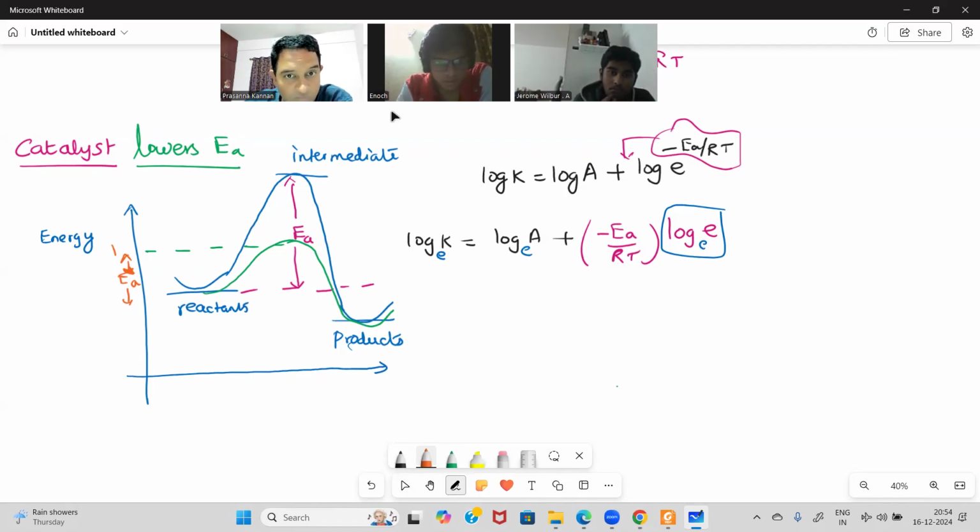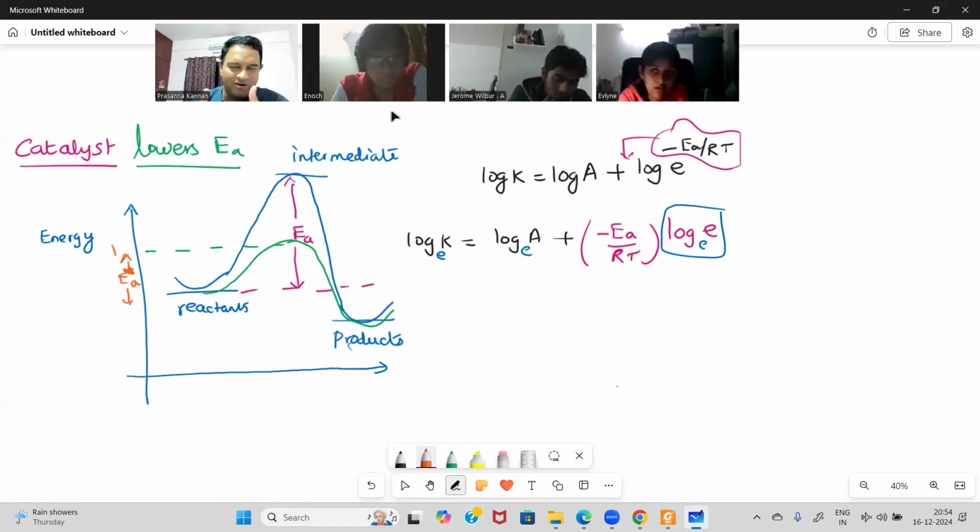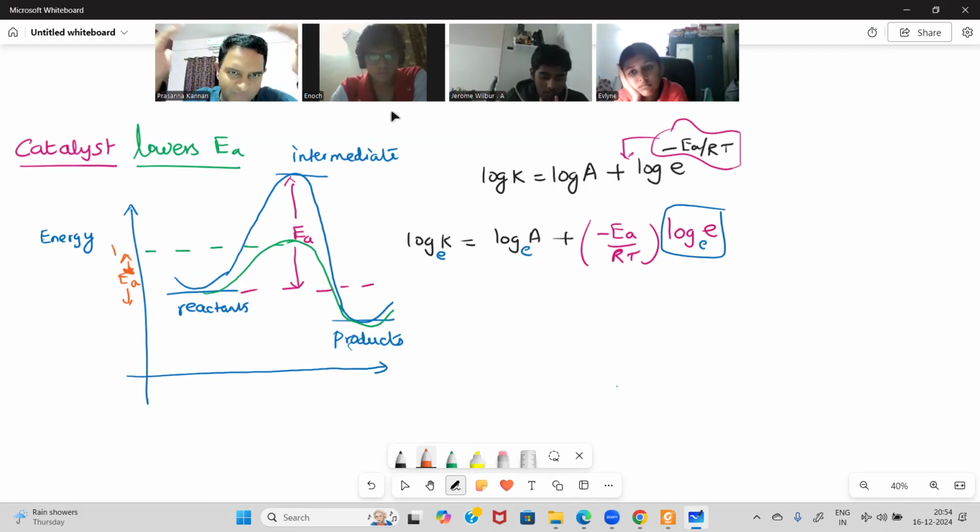So, how does it lower the activation energy? That's based on the mechanism of the reaction. Each reaction will be different. Basically, you can understand that in the presence of your catalyst, a different intermediate will be formed, whose energy profile will not be that high. So let's say you have intermediate 1, and here you have intermediate 2.